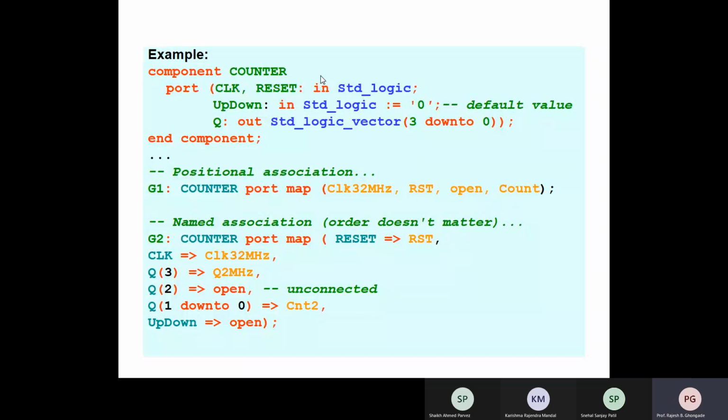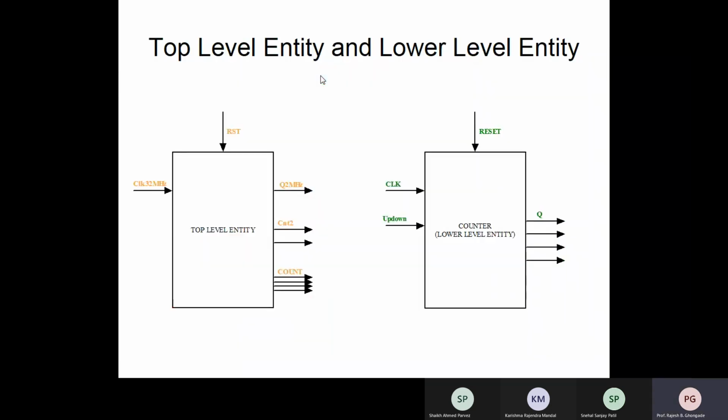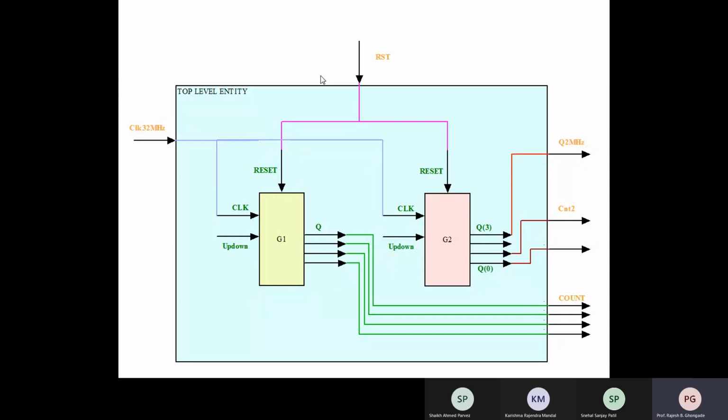Okay, I assume that you have finished it. Moving on to this picture. Try to correlate each and every signal and the port, starting from the ports of the top level entity and mapping it to the two low level entities which are called inside using component instantiation, and see what you come out of it, how it is mapped.